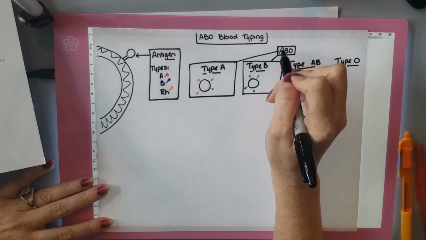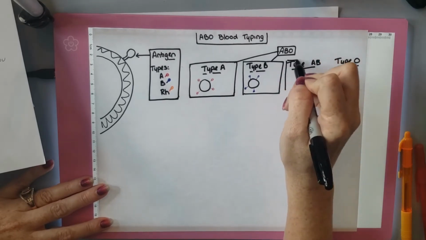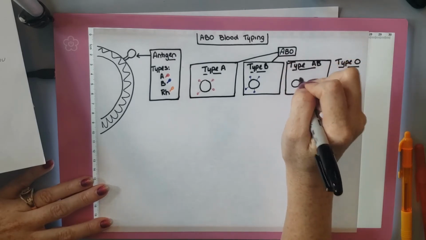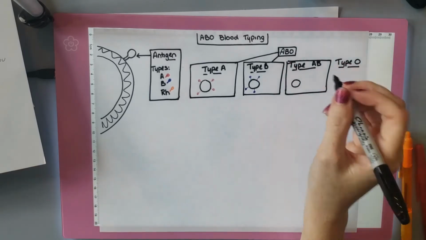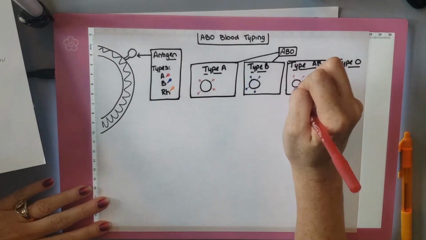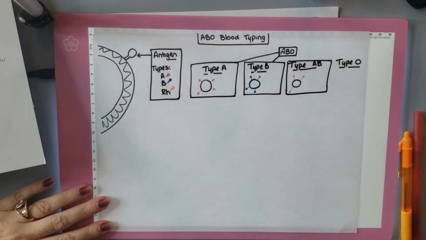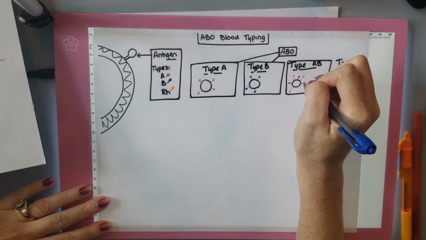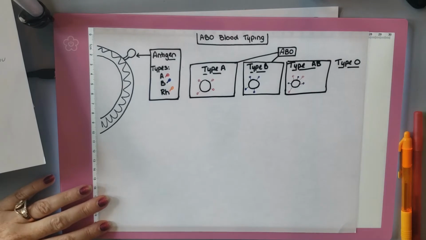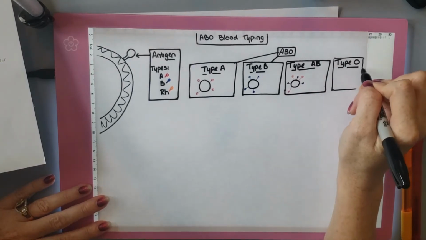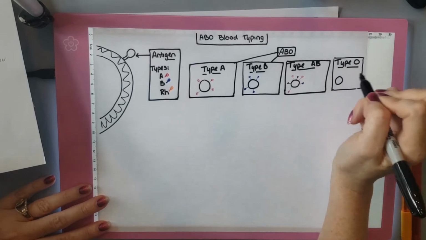Type AB will actually have both. So it'll have type A antigens, and it will have B antigens. Type O will have no antigens.